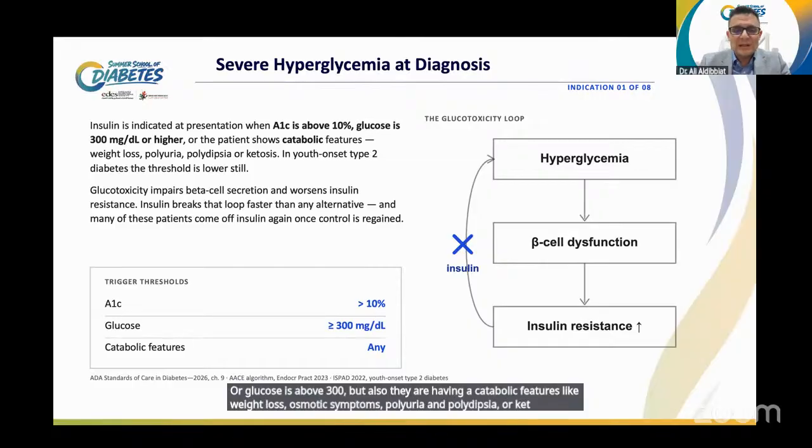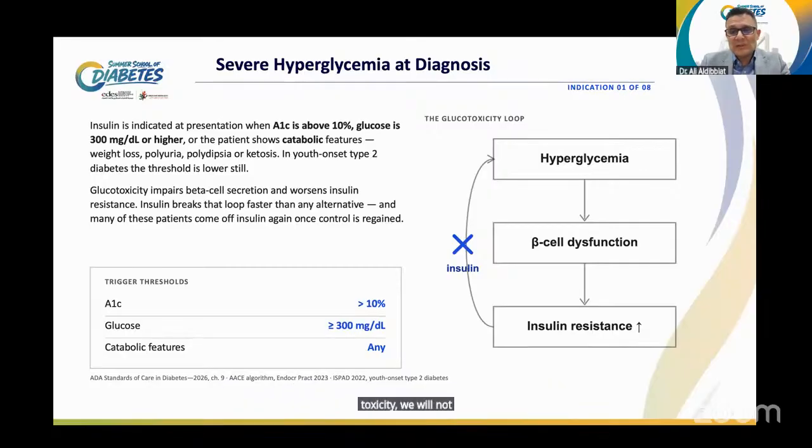These are the encounters where we need to give insulin. Those are associated with severe beta cell dysfunction and severe insulin resistance. And unless we introduce insulin to offload beta cells and detoxify them by reducing glucotoxicity, we will not be able to achieve rescue of those cases of decompensated diabetes.